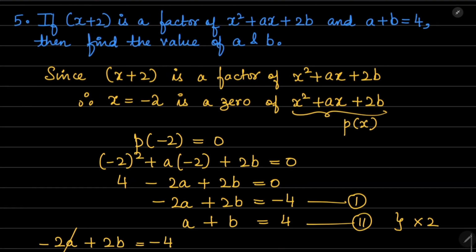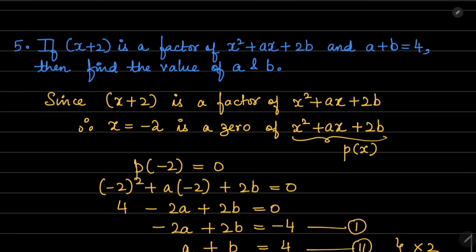It's very easy. You should know that if x plus 2 is a factor of the given polynomial, when you equate it to 0, x equal to minus 2 is a 0 of the given polynomial. When you say minus 2 is a 0, that means when you replace x with minus 2, the polynomial value is going to be 0. That is why we write p of minus 2 is 0.